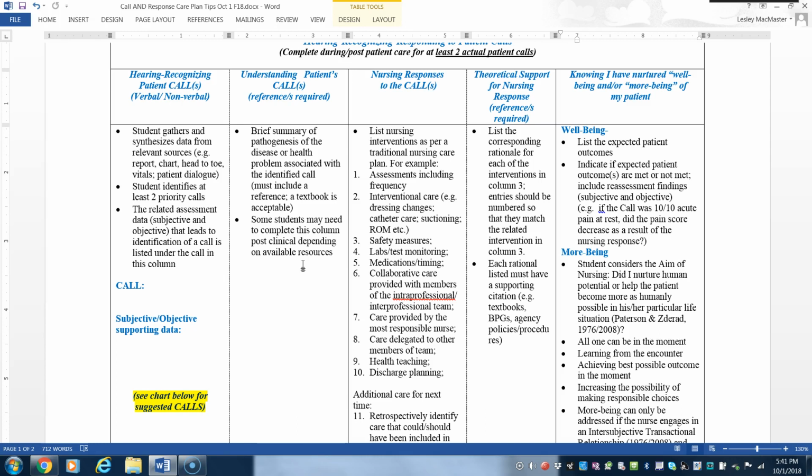The third column is really a list of interventions that comprise the nursing response to the identified call.